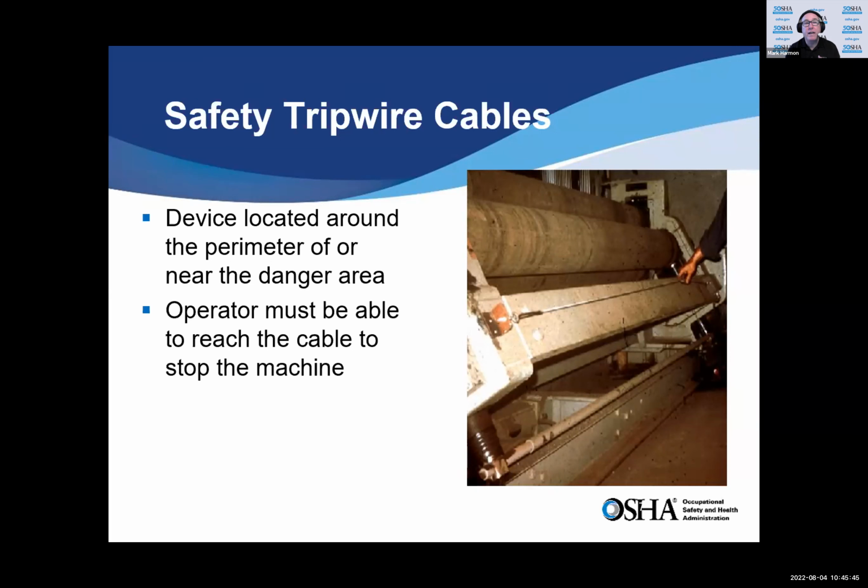My point on that, I would say, is if you're using that, I hope the machine can stop quickly, because if it's a heavy machine or it has a lot of energy, you don't want to be wrapped up in it simply because the machine didn't stop when you fell into it. So with the tripwire cables, I would say that can work.